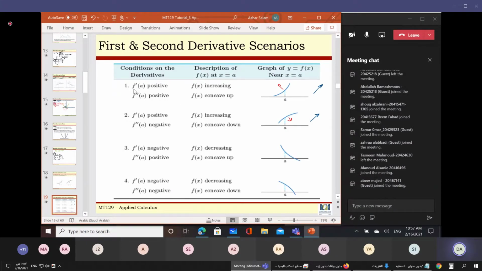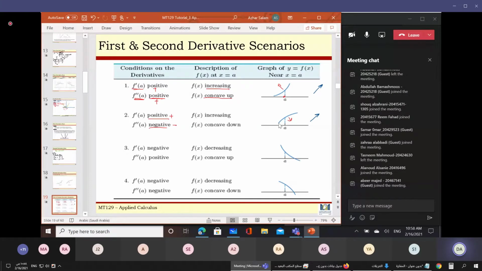Here f dash is positive and f double dash at this certain point A is also positive. If both first and second derivatives are positive at the same number, it will be increasing and concave up at this point.